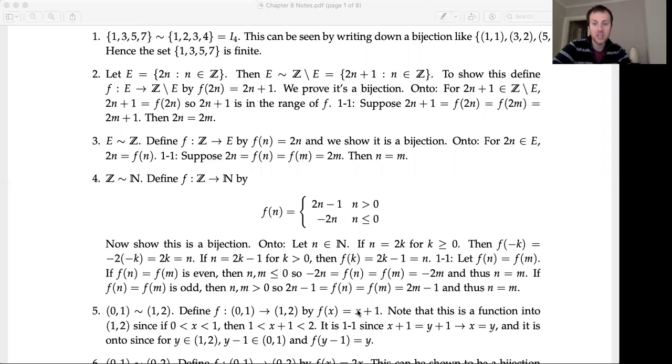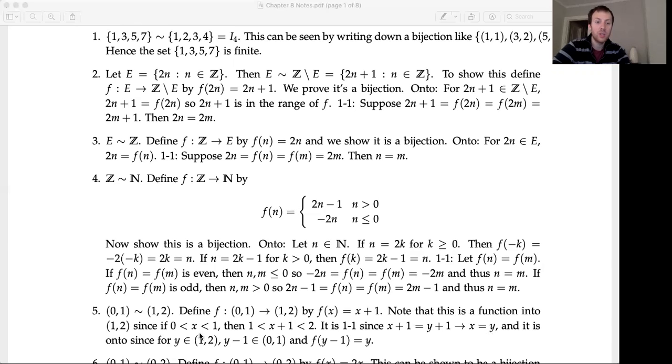So this map is, first of all, a function into (1, 2), because if you start with something between 0 and 1, and you add 1 to everything, you end up between 1 and 2. It's 1 to 1 because if x plus 1 and y plus 1 are equal, then subtracting 1, x has to equal y.